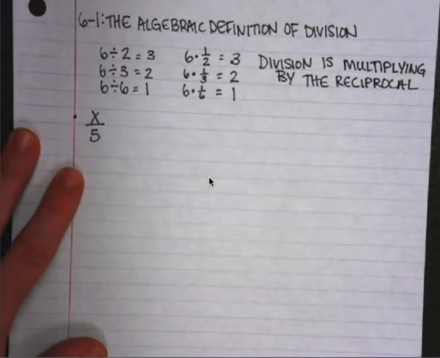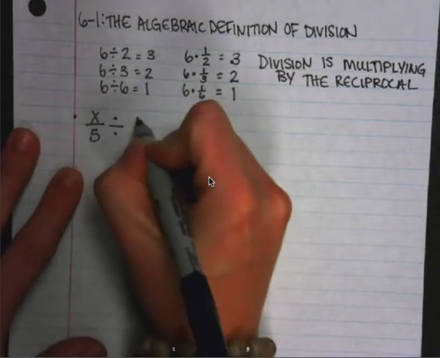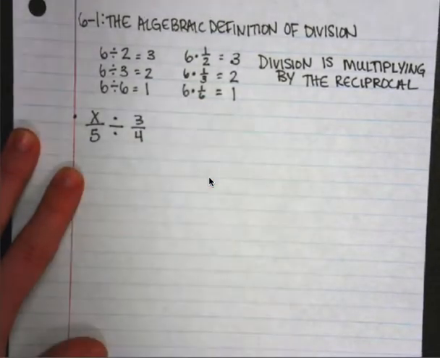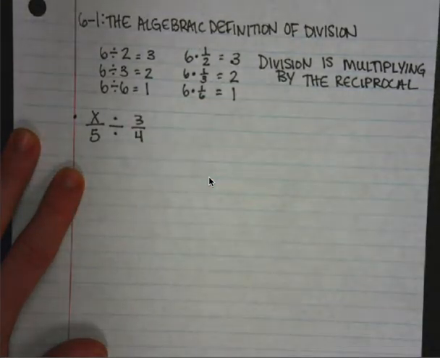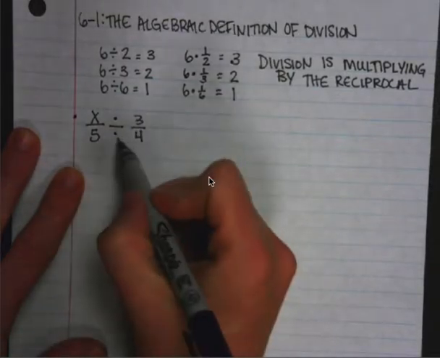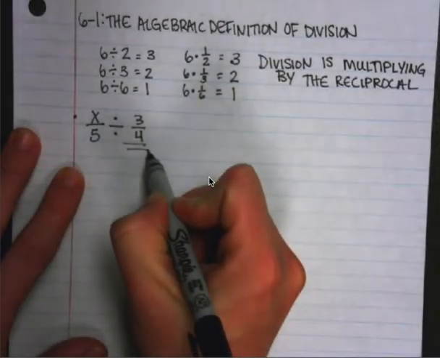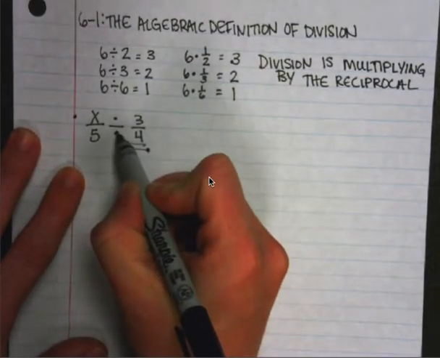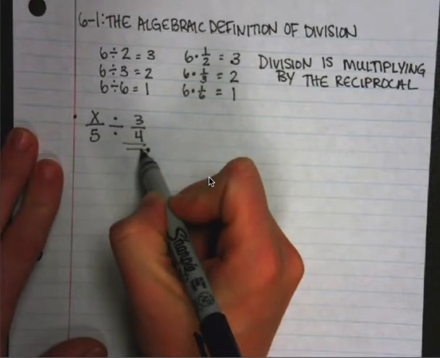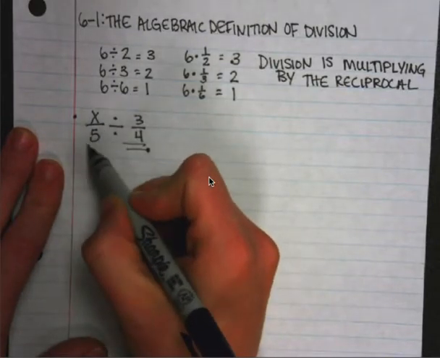x divided by 5 divided by 3/4. Okay, so we just said that division is the same as multiplying by the reciprocal. Since I'm dividing by this number, I'm going to multiply by the reciprocal of this number. In other words, this first number doesn't change.